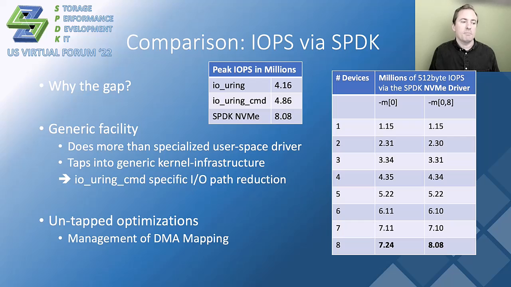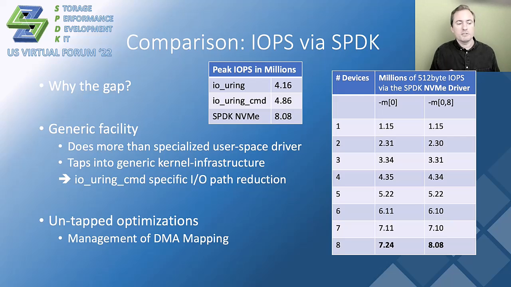It also needs to tap into generic kernel infrastructure and use things that haven't been optimized just yet. And as we saw in the numbers, our uring command actually does a bit better than just using IO on the regular interface. And that's because there were some opportunities to run less code. And there might be opportunities to reduce that even further.